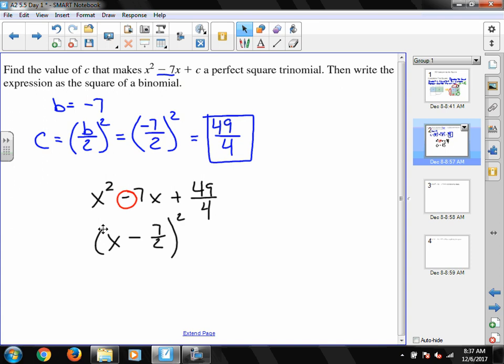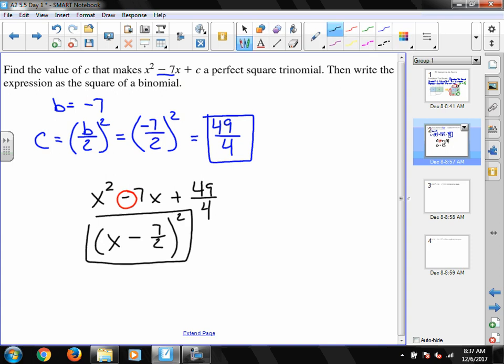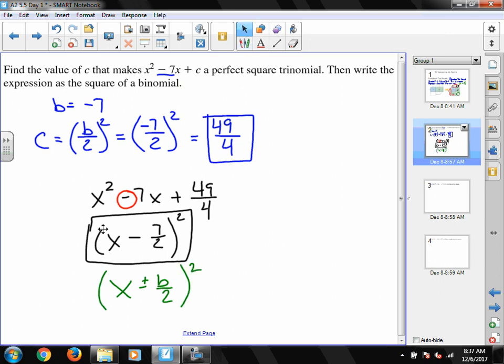When you're working these, you're factoring these. The reason we like these is they will always follow the form x plus or minus b over 2 squared. How you determine that, again, look at the sign on b.